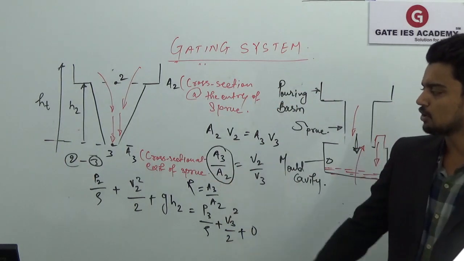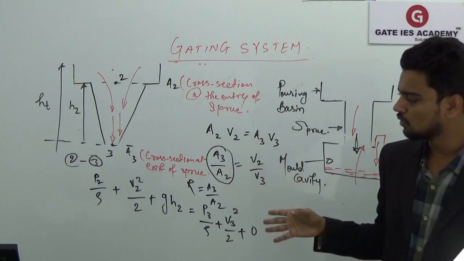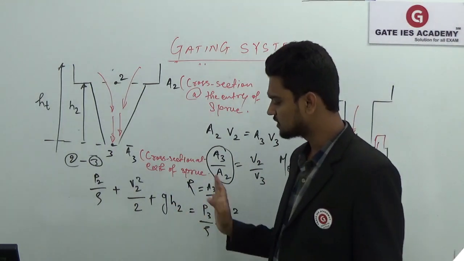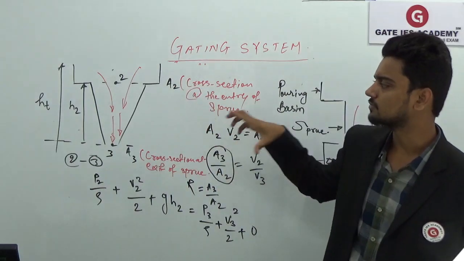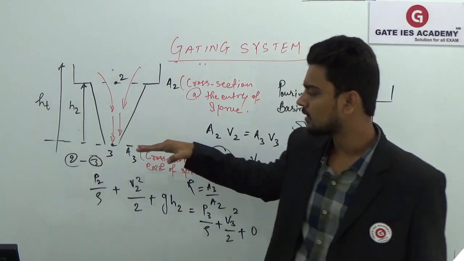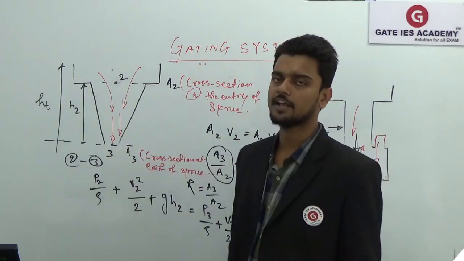So P2 upon rho plus V2 square upon 2 plus G H2 equals P3 upon rho plus V3 square upon 2 plus 0, at section 2 and section 3. By using the equation of continuity, I can write A2 V2 equals A3 V3. Here H2 is the height of the sprue entry from your datum. Datum we have taken as the base of your sprue.